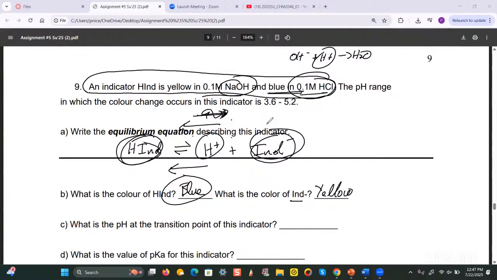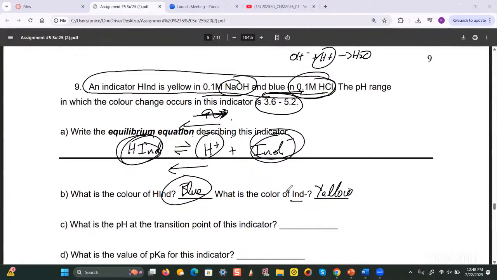The second question is, what is the pH at the transition point for this indicator? And here's a hint right here. It says that the color changes from 3.6 to 5.2. So the pH of the transition point for this indicator must be smack in the middle of that range, right?